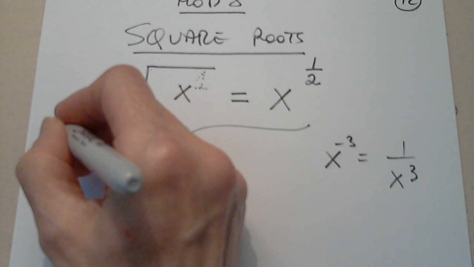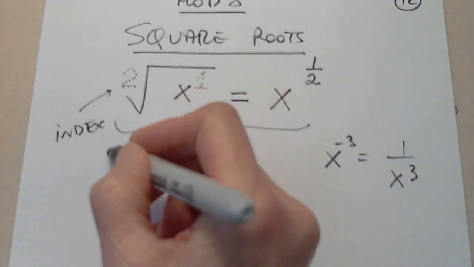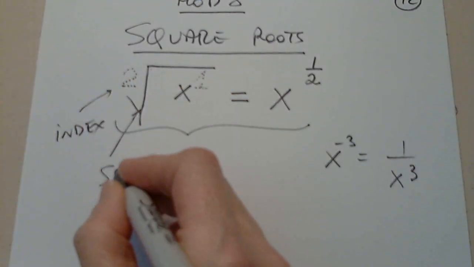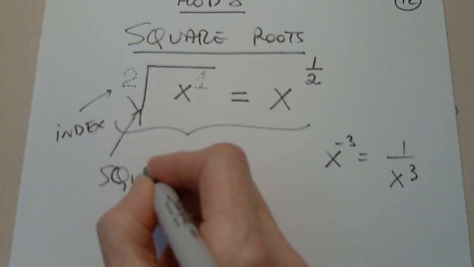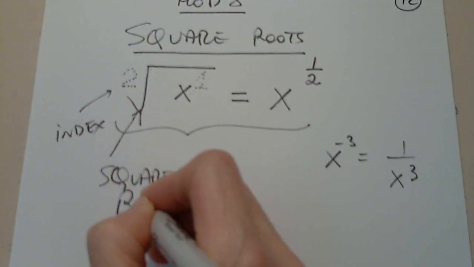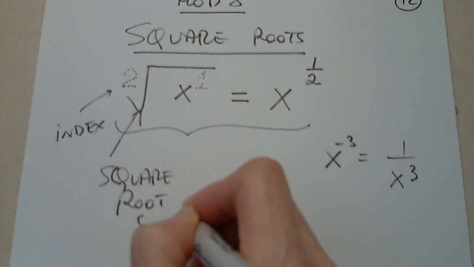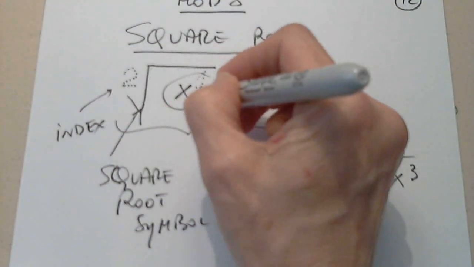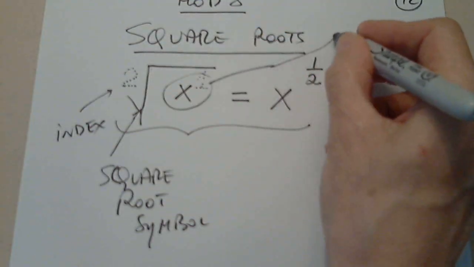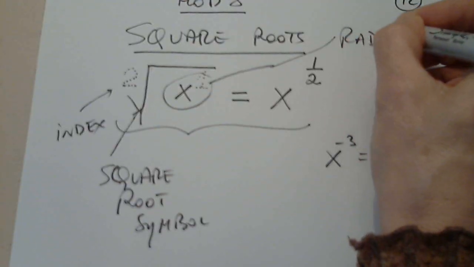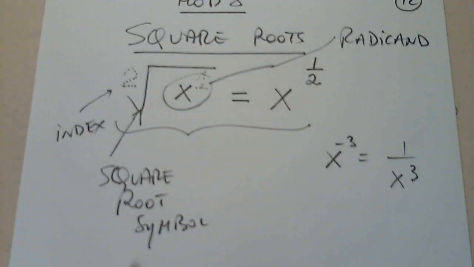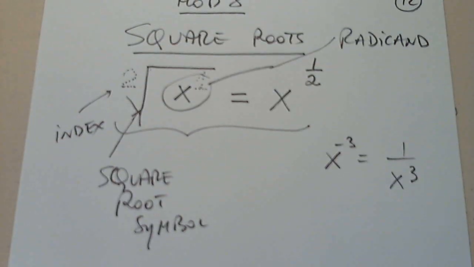This is called the index. This is the square root symbol. And this is called the radicand. So the square root of x is x to 1/2.